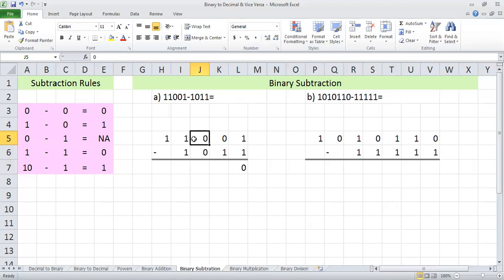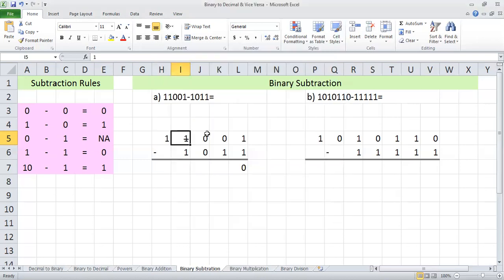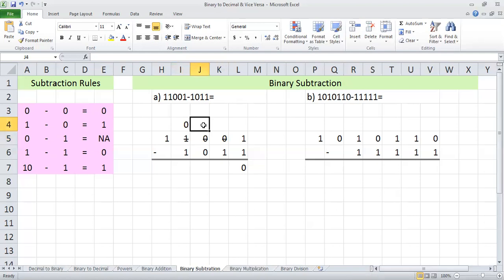If this number takes a borrow from this number, then this 1 will become 0. This will become 10 first.